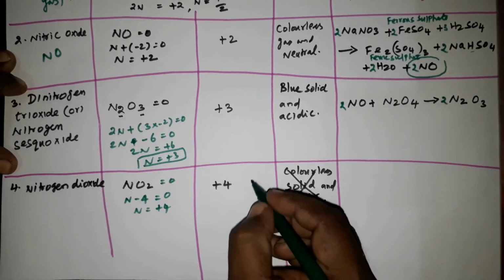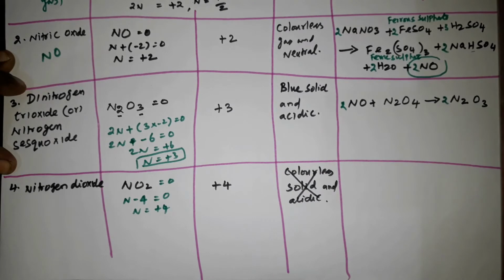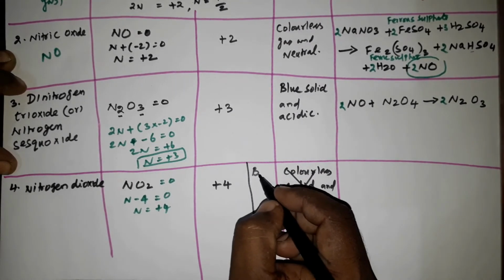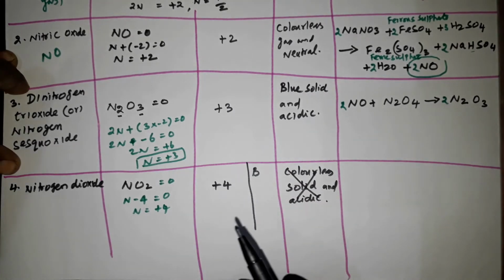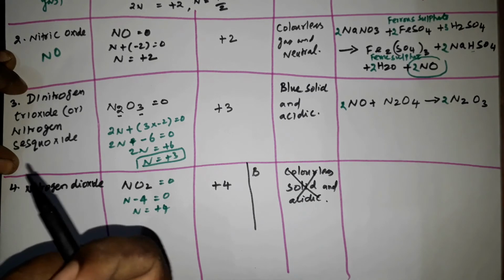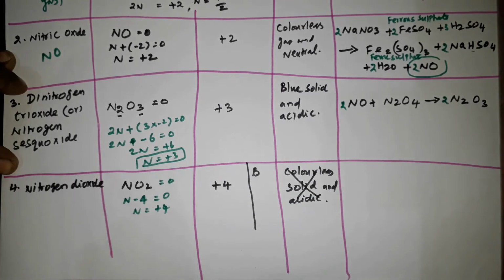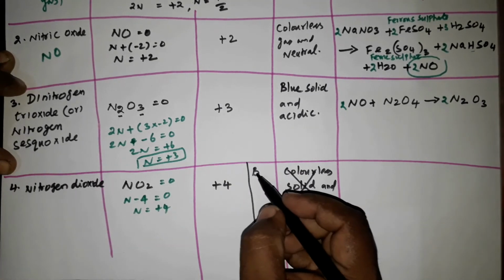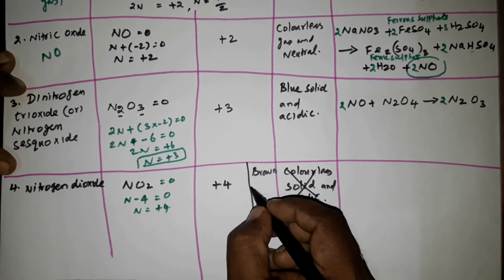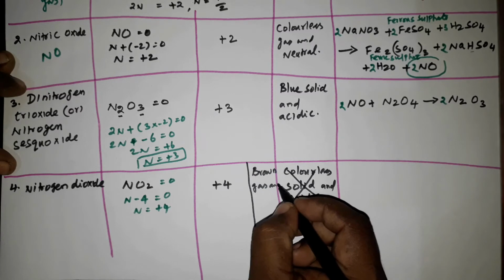Nitrogen dioxide is the brown color gas. I'm writing here. Actually, this nitrogen dioxide you already did in the practical. Take any nitrate. When you heat the nitrate, you will get brown color gas. Okay, so that is the presence of nitrogen dioxide, brown gas, and it is acidic.